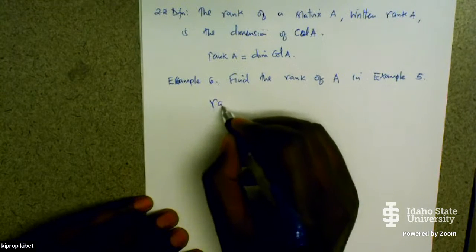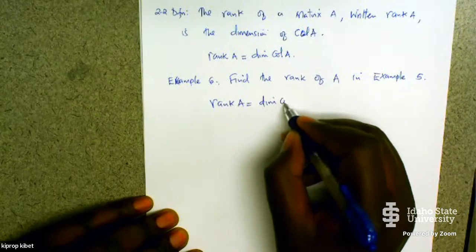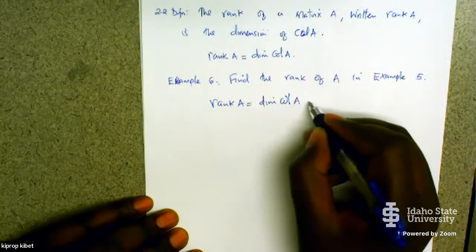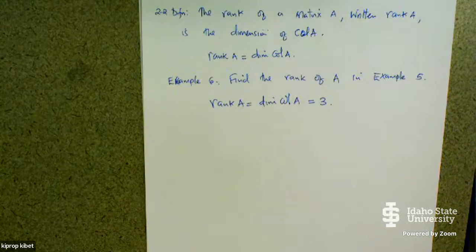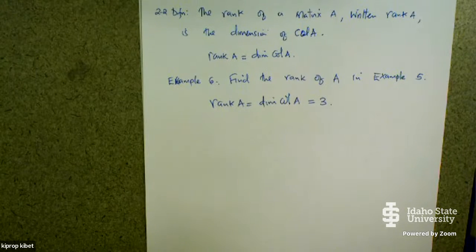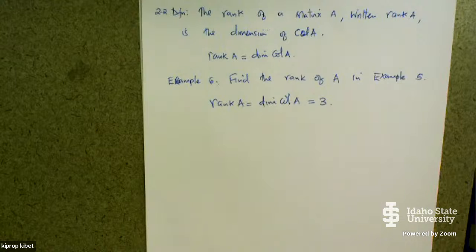So rank of A equals the dimension of column space of A, which equals what? It's equal to 3. So that is the end of section 2.9. That is actually the end of chapter 2.